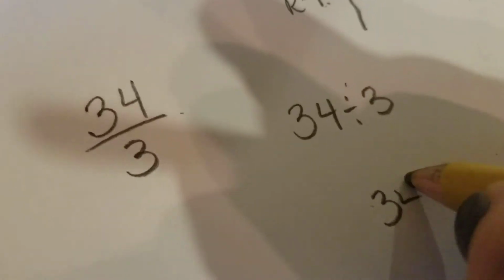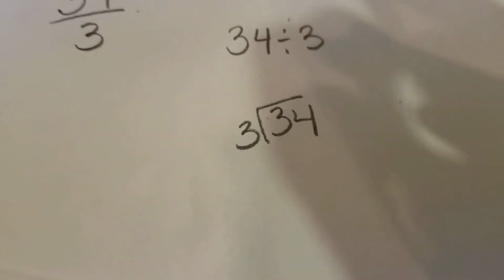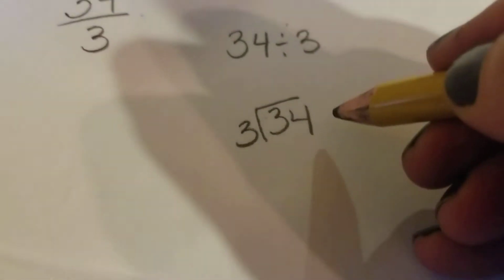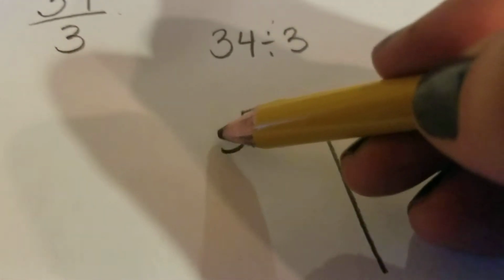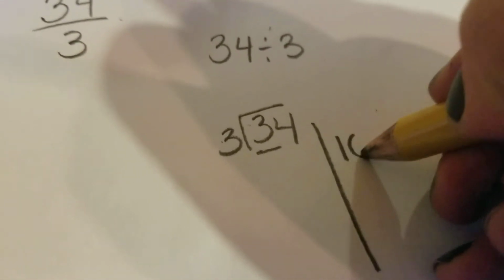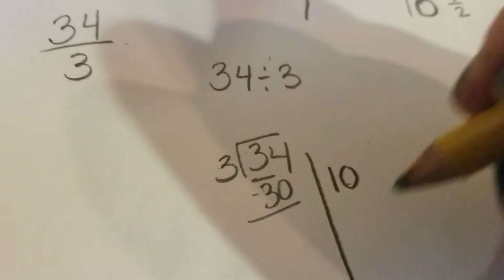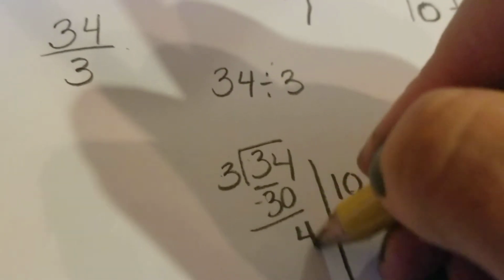If we put that into a division problem, it would be 34 divided by 3. Three goes into 3 one time, and I'm dealing with tens. 10 times 3 is 30. Subtract that. I get 4.